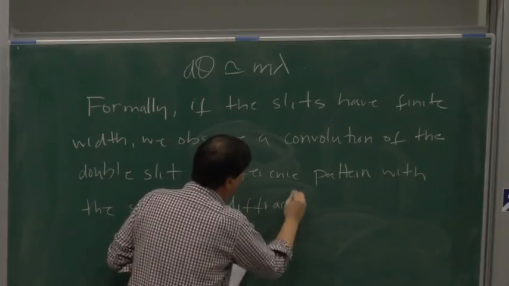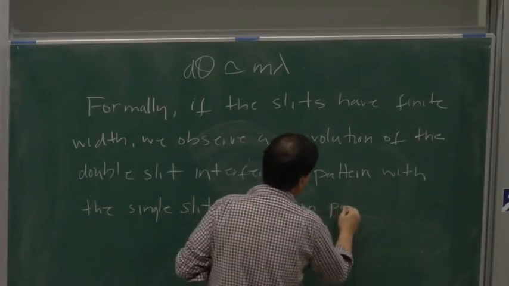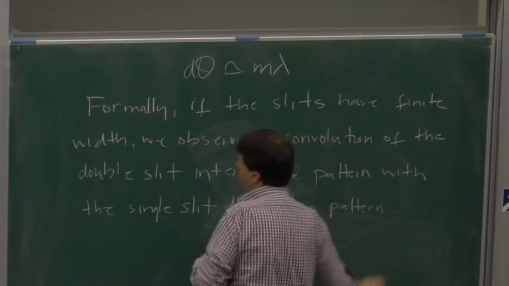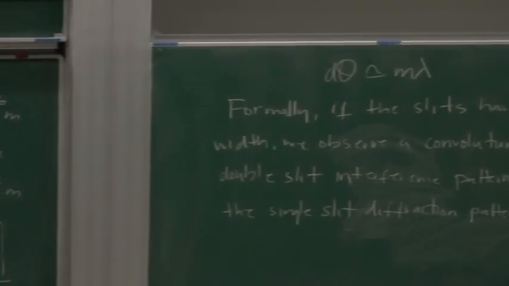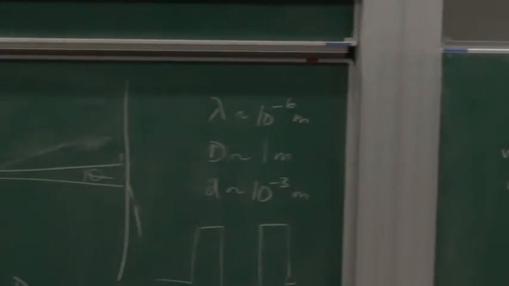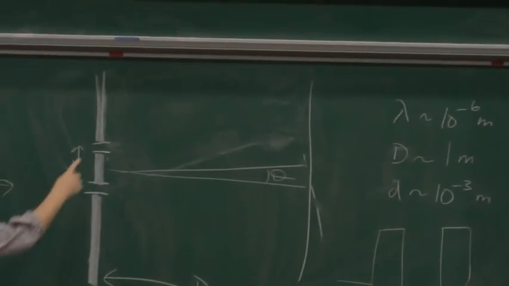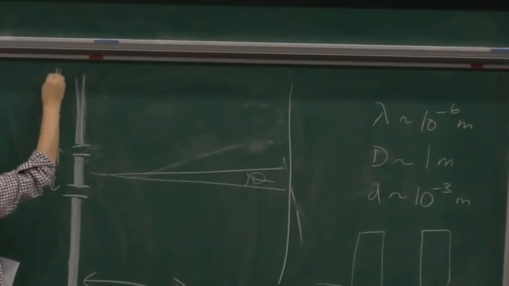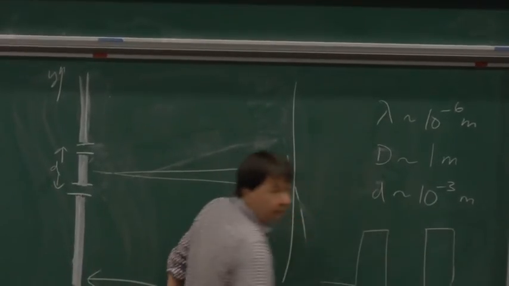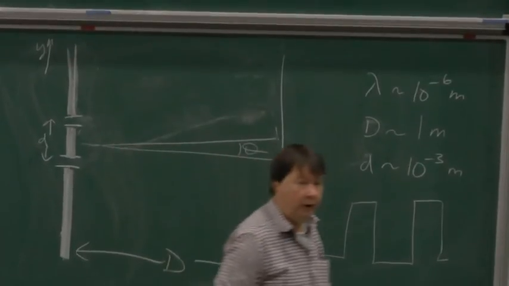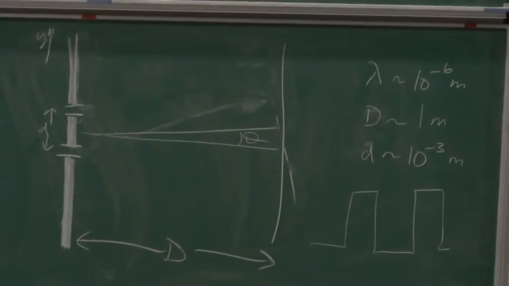And of course you can solve it outright, because as I travel along this axis, assuming these are perfectly opaque screens, my amplitude as a function of distance along this axis clearly is just a double top hat function, and I can Fourier transform it, square it, and get the answer.